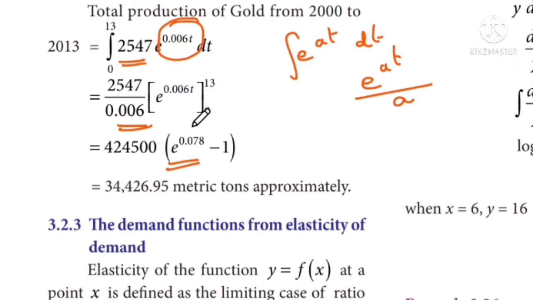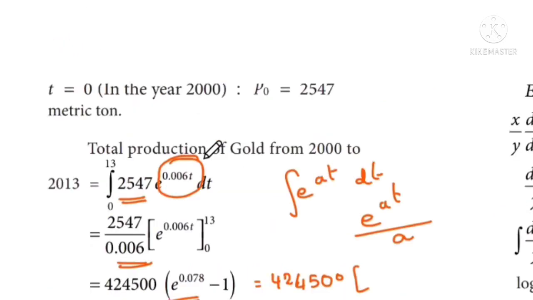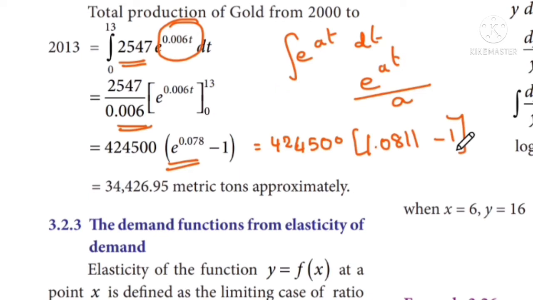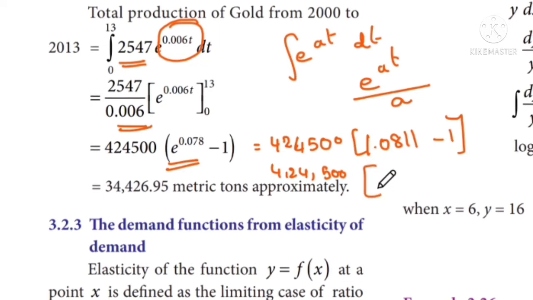So substitute that: 4,24,500 times 1.0811 minus 1, that is 0.0811.